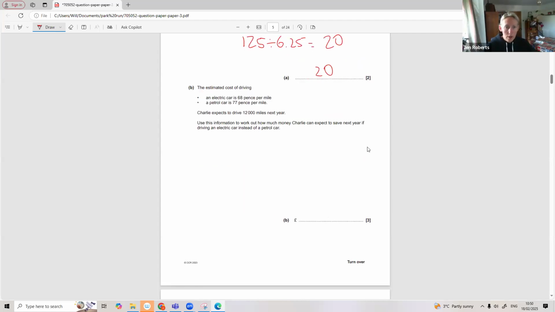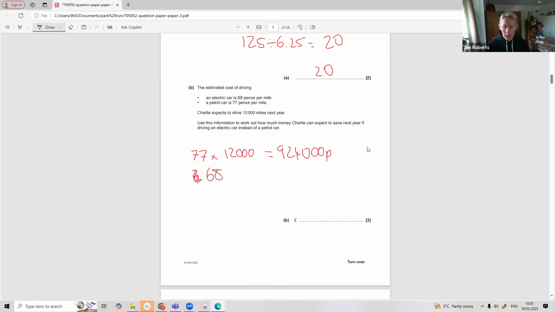Here I need to work out the cost for the electric car and the cost for the petrol car. For the petrol, 77 pence for each mile. It's 12,000 miles. Use your calculator if you want. 924,000 pence. Let's do the same for the electric car.